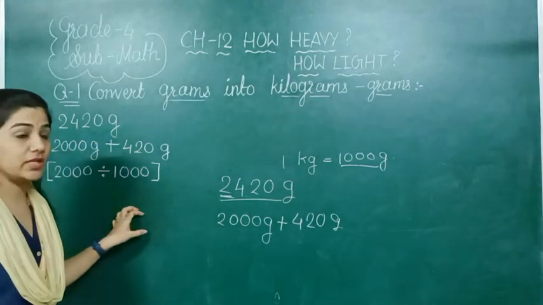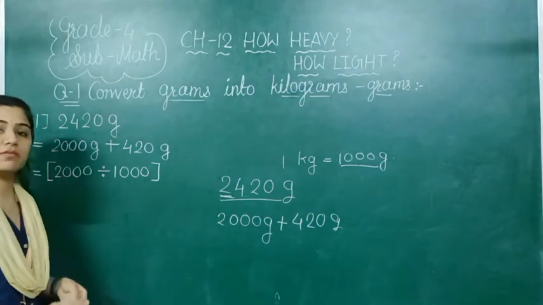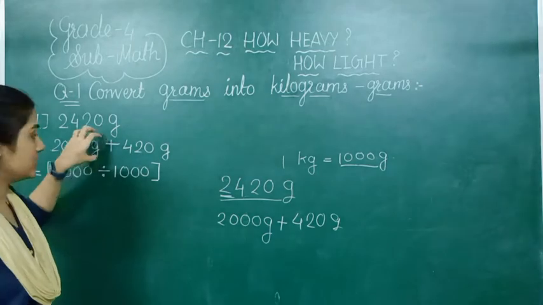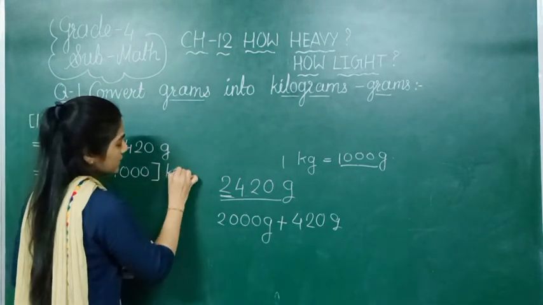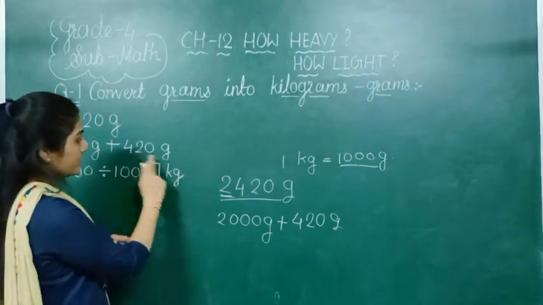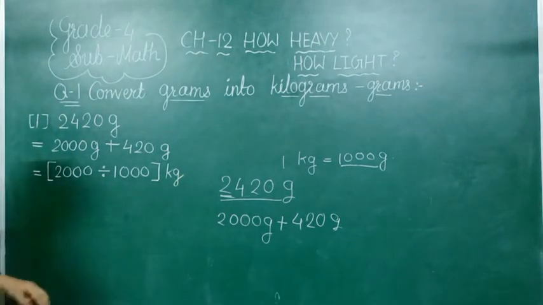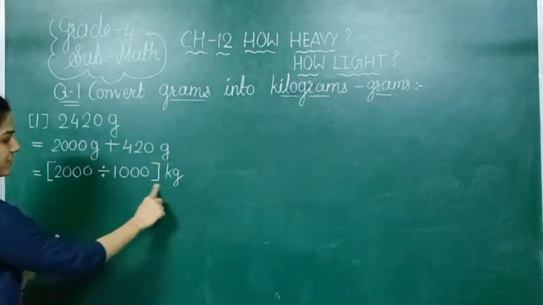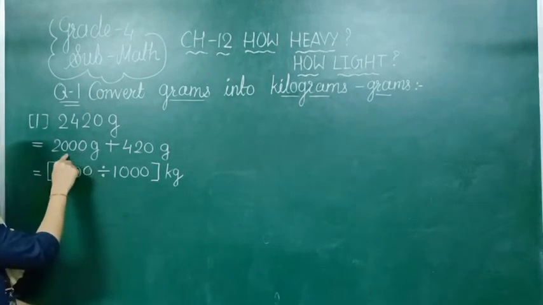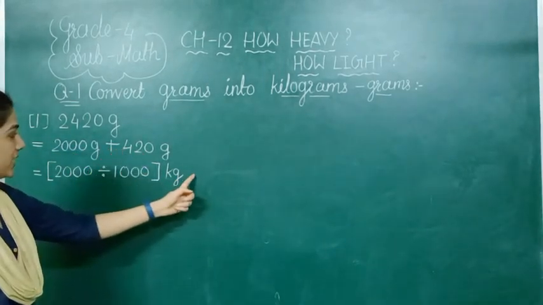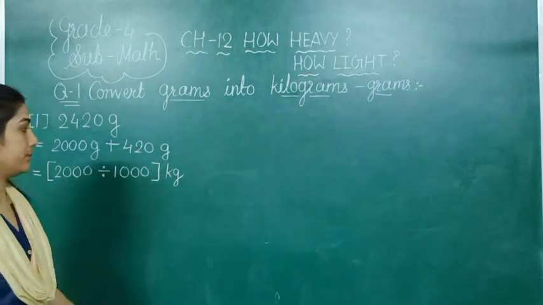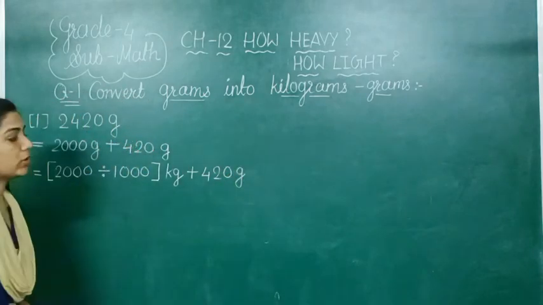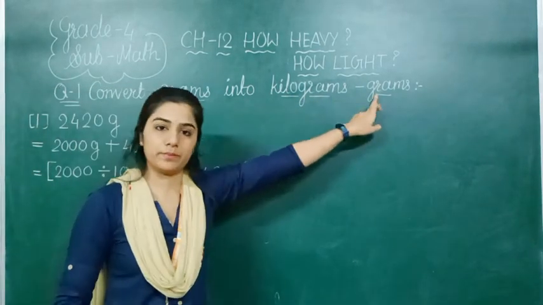Whenever we put this division sign and 1000, remove the gram unit and put kg at the back. Now this 420 will come as it is. This we have done for the 2000 gram. The plus sign and 420 gram will remain the same, we copy it, because we want our answer in kilogram and gram.